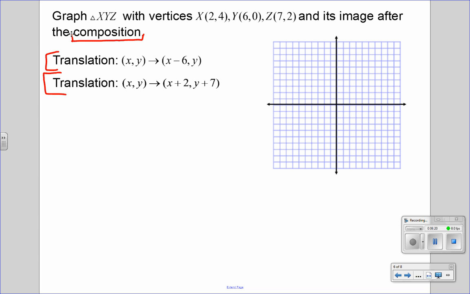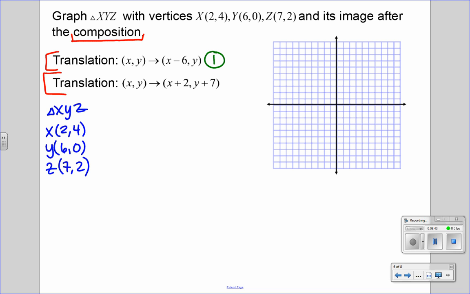So the first thing we're going to do is write down the pre-image, XYZ. And then we're going to do the first translation. The first translation tells us to subtract 6 to every x and just leave the y alone.